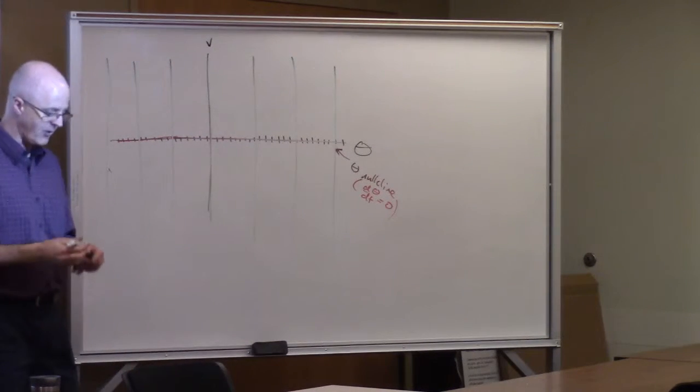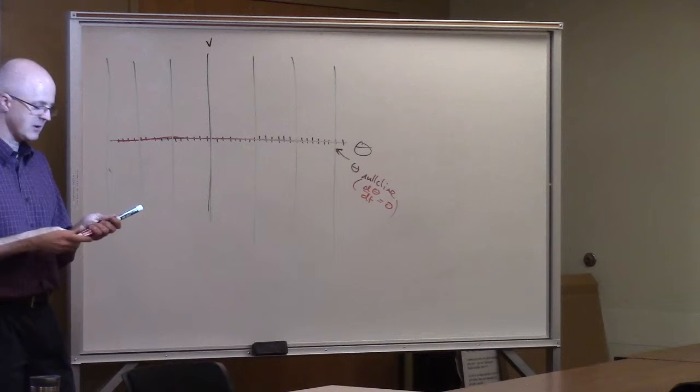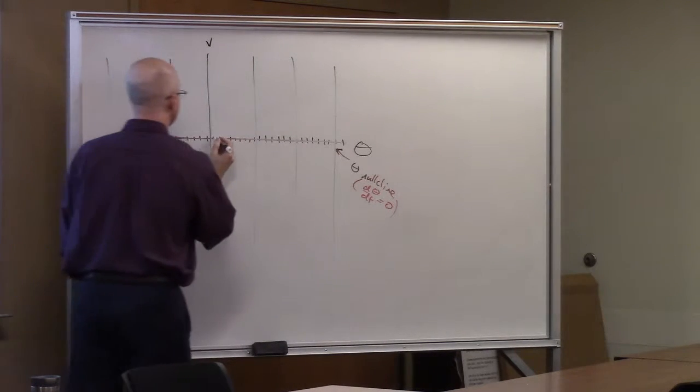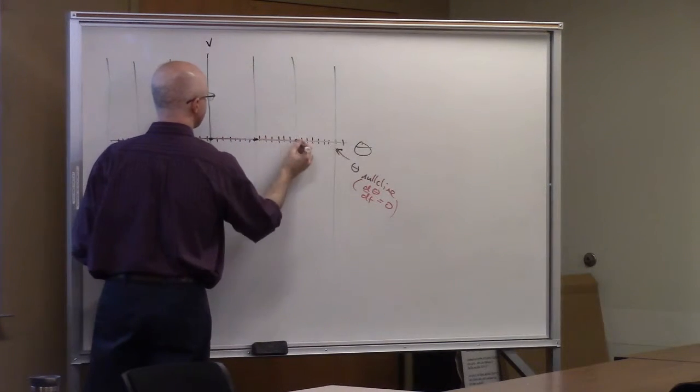Where red and green cross, you've got equilibrium points. There's infinitely many equilibrium points.